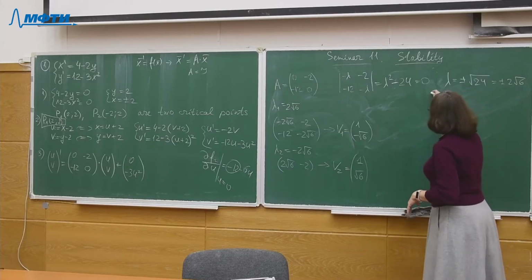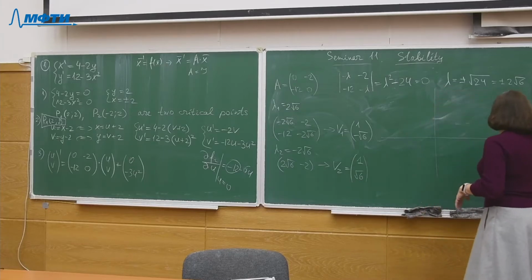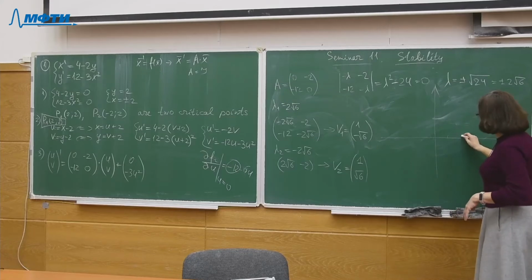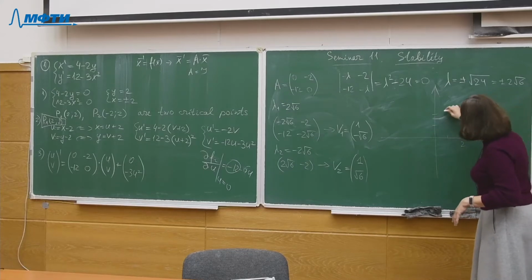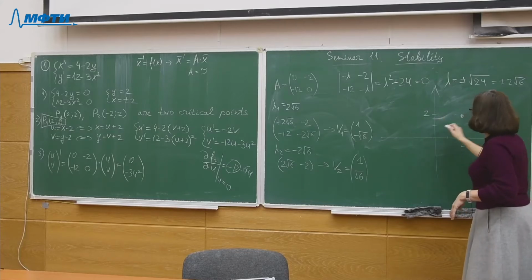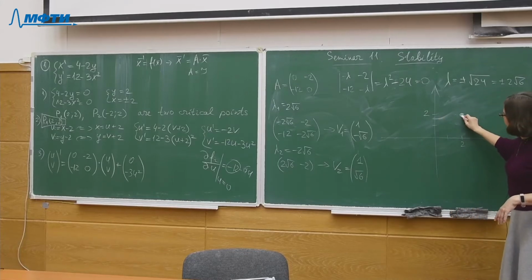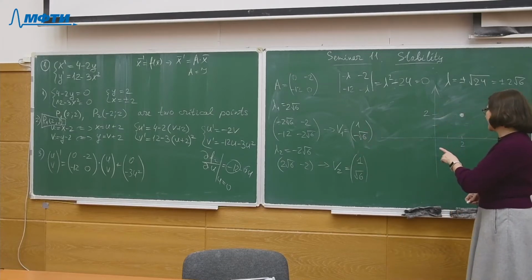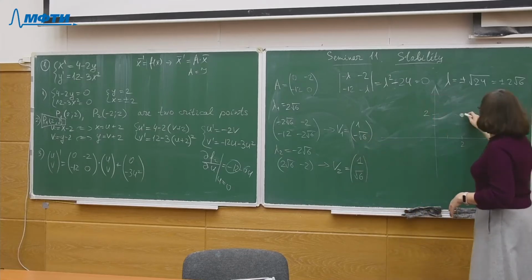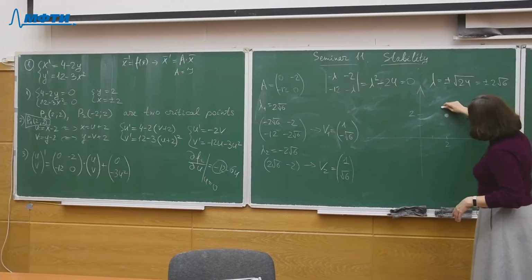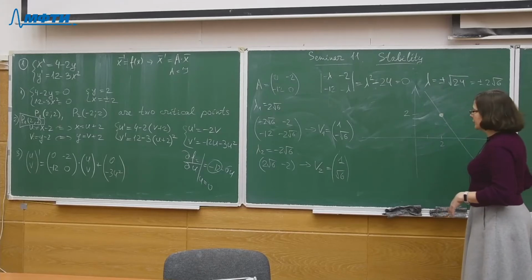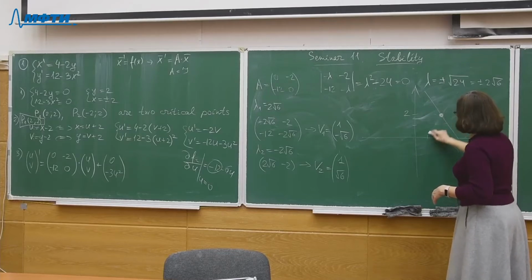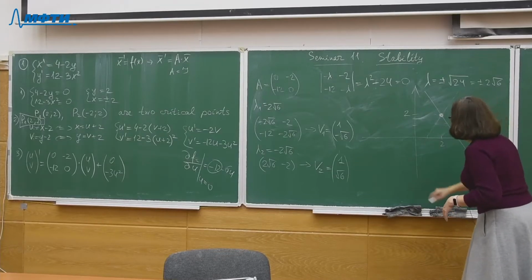And the phase portrait. So we have a point. Now the point P1 is 2, 2, and this is a critical point. These are 2 eigenvectors: 1 and minus root 6 is this direction, and 1 root 6 is this direction.